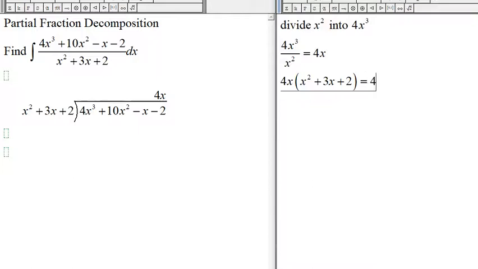And this will be 4x to the third plus 12x squared plus 8x. So 4x times x squared is 4x to the third, and then 4x times 3x is 12x squared, and then 4x times 2 is 8x. And we'll subtract this from this.